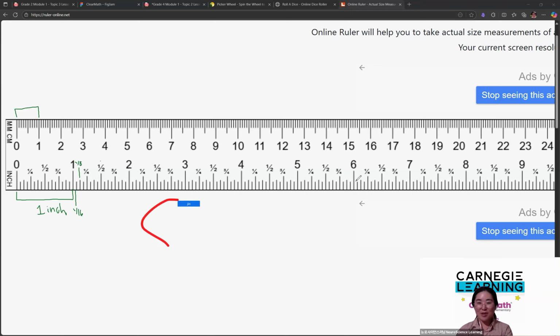Can you try? Grab a pen or grab anything and put it against the screen. I don't understand how I use inches actually. That's okay. Eugene, did you measure something was 8.25 inches? Yes. Oh, nice. Good job.